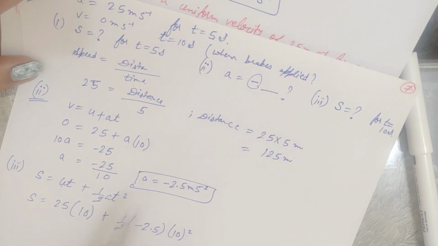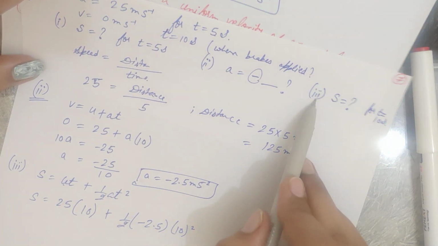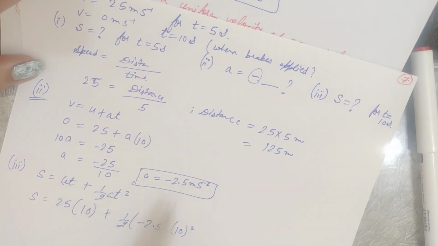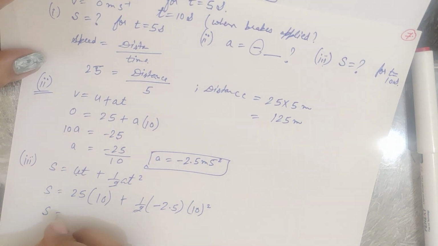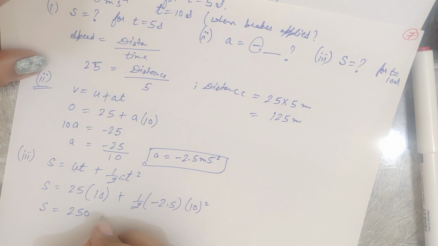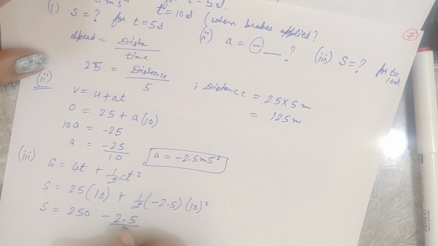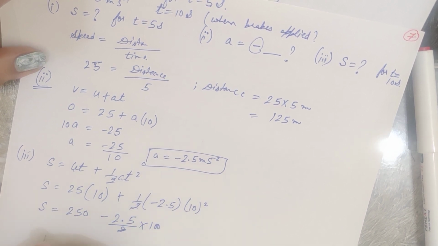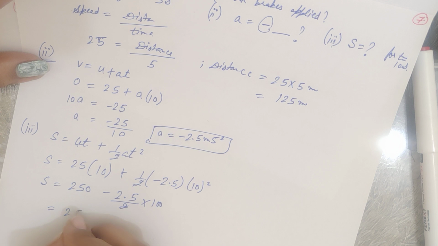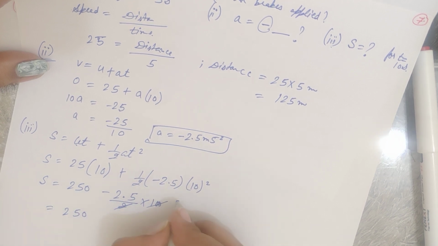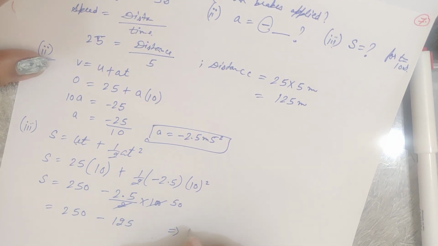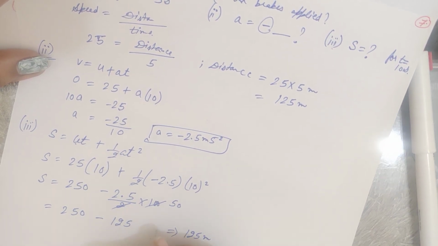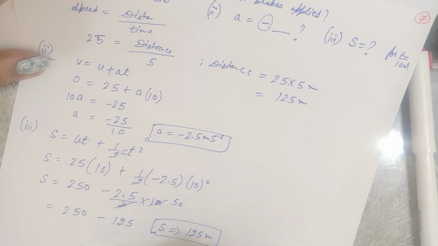Time is 10 seconds, plus half, acceleration is this, time is again 10 seconds. So s is equal to 250 minus 2.5 by 2 into 100. After solving the calculation, you will get the value of s is equal to 125 meter.